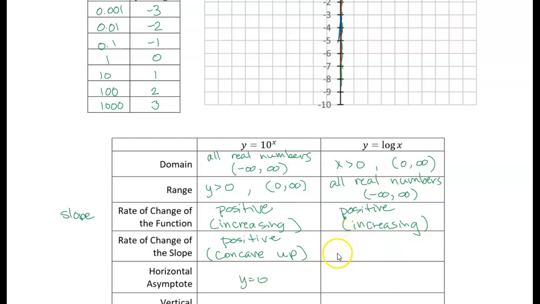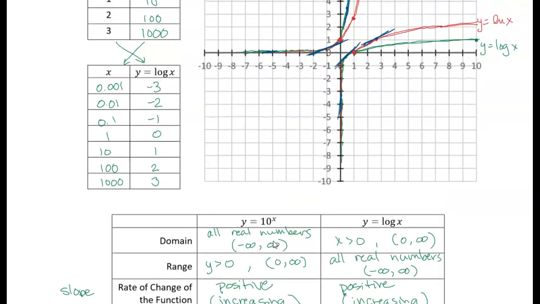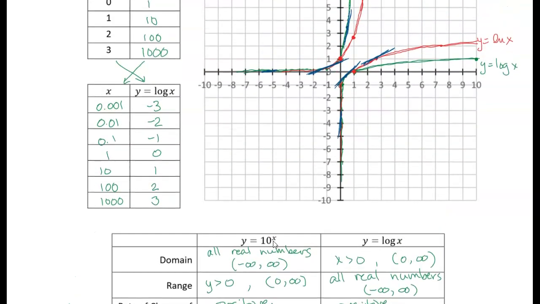How about the rate of change of the slope? Now we're looking at how the slope is changing, not the function itself. When we take values close to 0, small values less than 1, we get a fairly steep slope. Then as x gets larger, our slopes become more and more shallow.